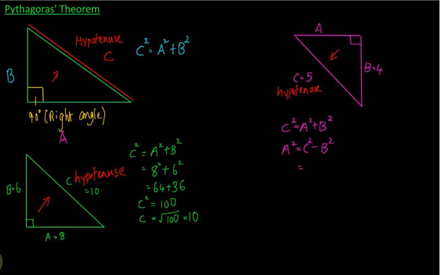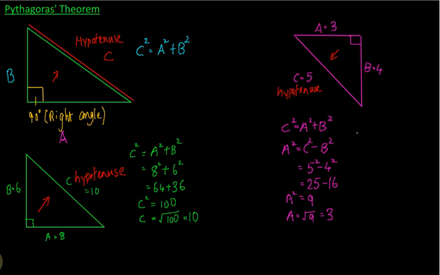Now I know C and B. C is 5, so that is equal to 5 square minus 4 square, which is 25 minus 16, which is equal to 9. So A square equals 9. So I can write A as square root of 9, which is equal to 3. So the side A is equal to 3.